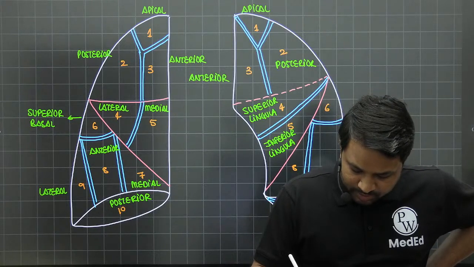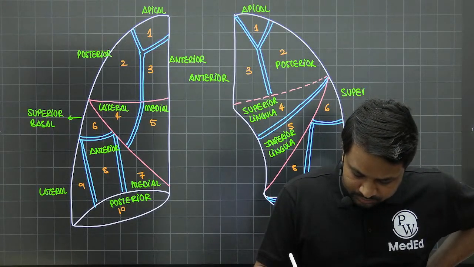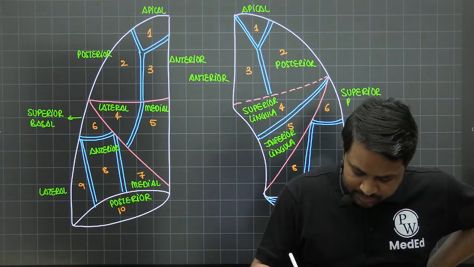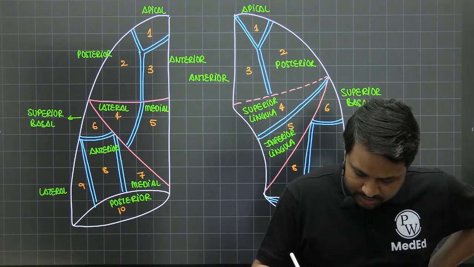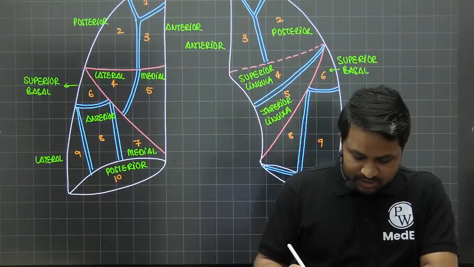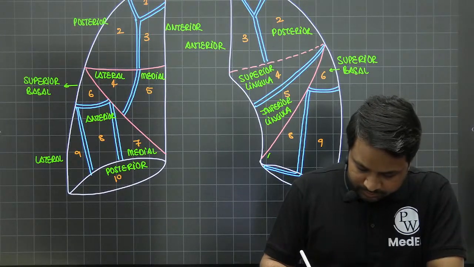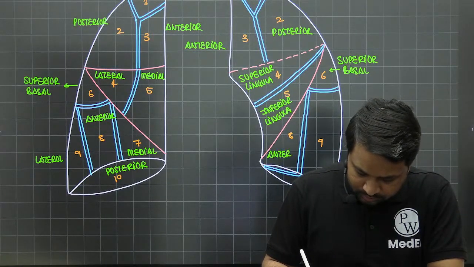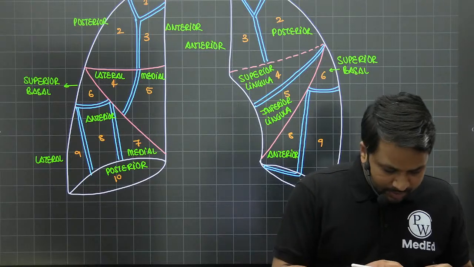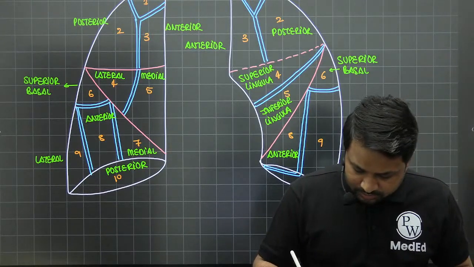6 happens to be your superior basal. 7 does not exist. 8 happens to be your anterior basal. 9 happens to be your lateral basal.